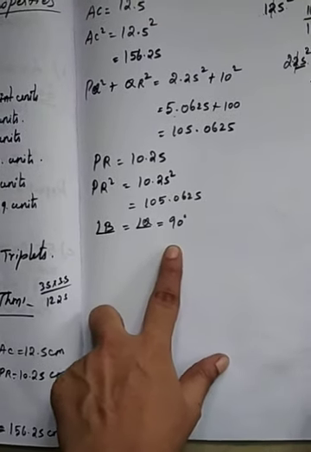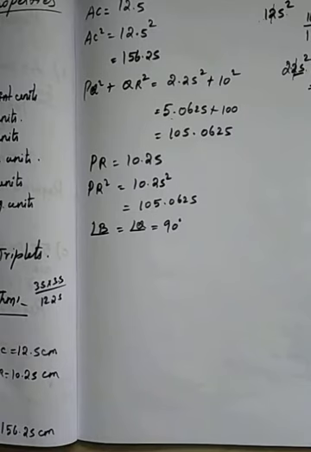In a triangle, if the square of the longer side is equal to the sum of the squares of the other two sides, then the triangle is a right angle triangle, right? So this property is known as the converse of Pythagoras theorem.